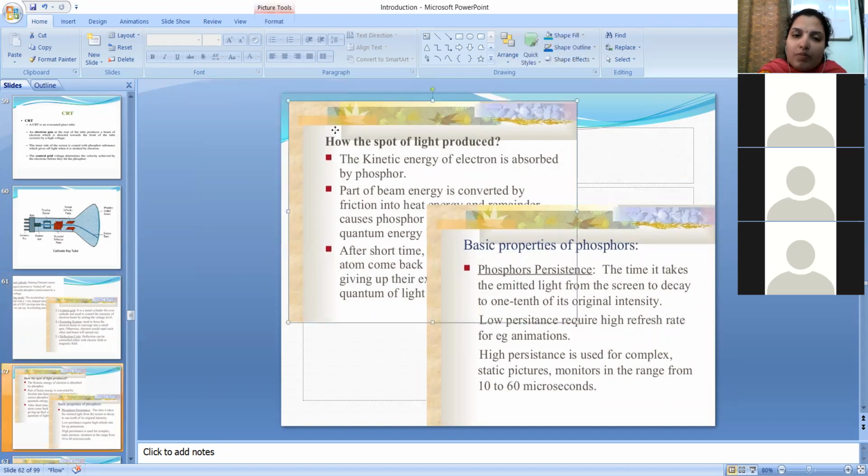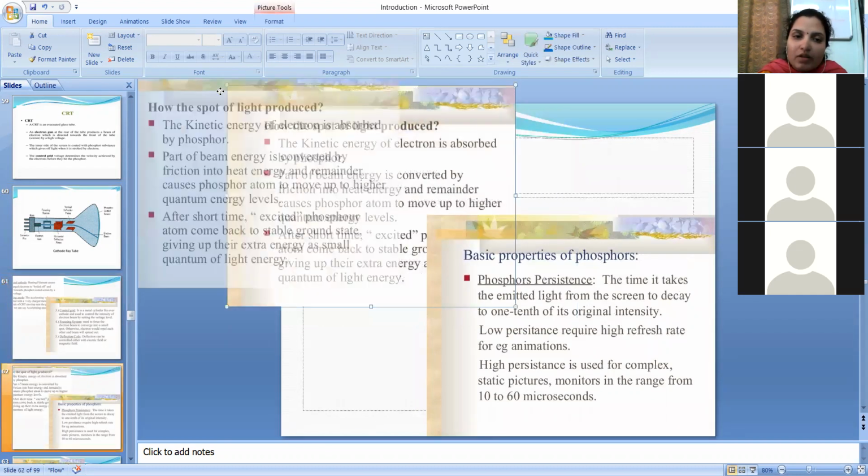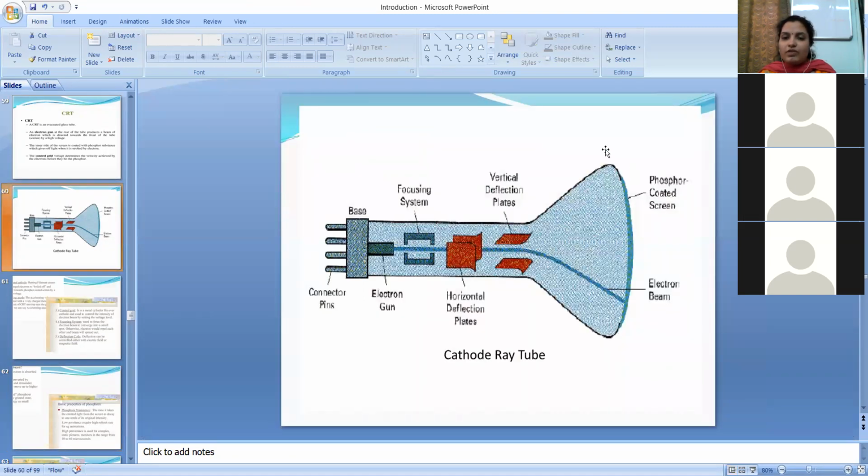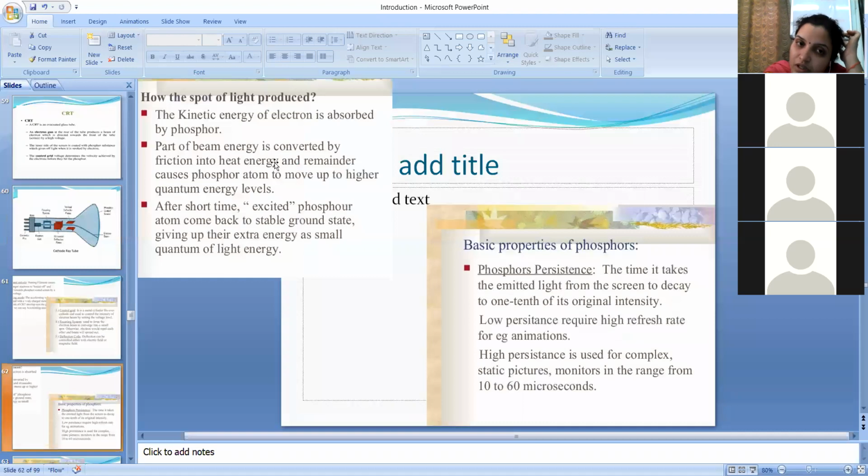Okay, then how is the spot of light produced? So we already know this. The kinetic energy of the electron is absorbed by the phosphor. Phosphor is nothing but this coating. So whatever the energy of this electron beam is, that will be converted. So phosphor is going to absorb that kinetic energy, and due to that heat gets generated, which will light up that particular portion.